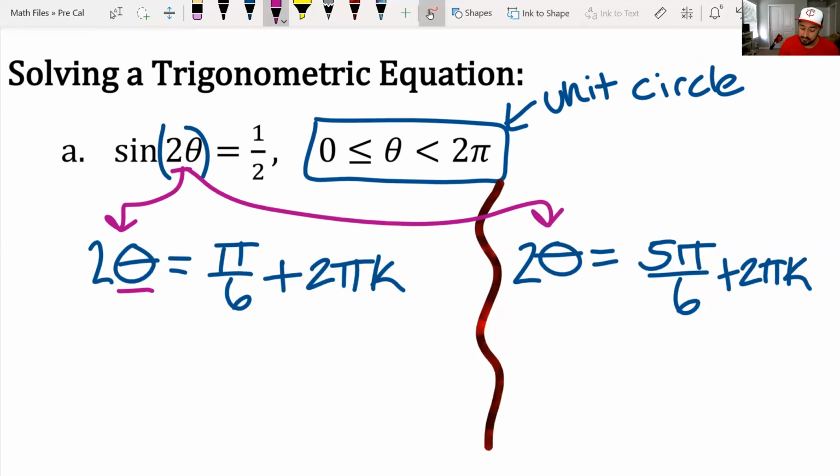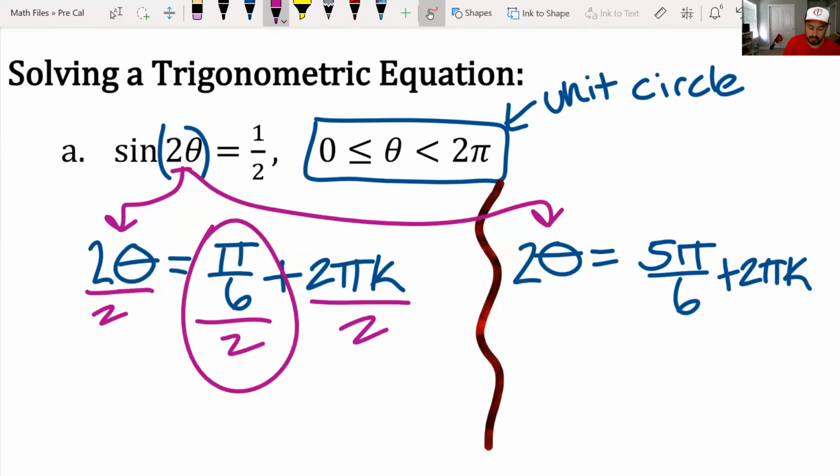So that means divide everything by 2. Or even better, multiply everything by 1/2. Because if you divide everything by 2, that one's going to be a little messy. This one's going to be fine. However you want to do it.